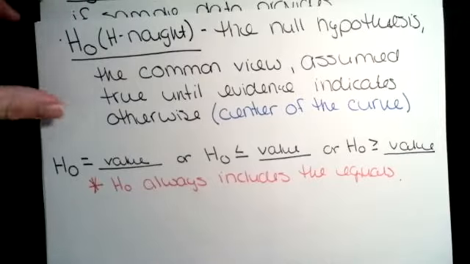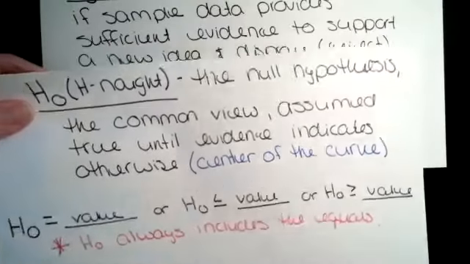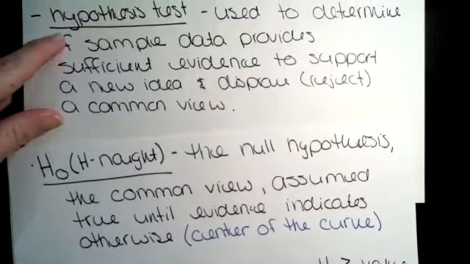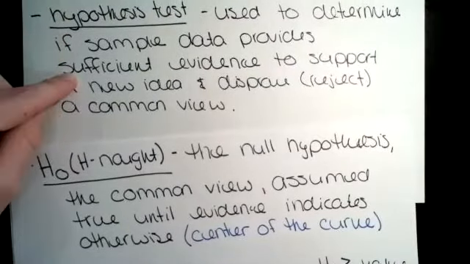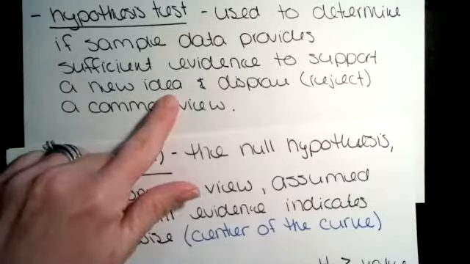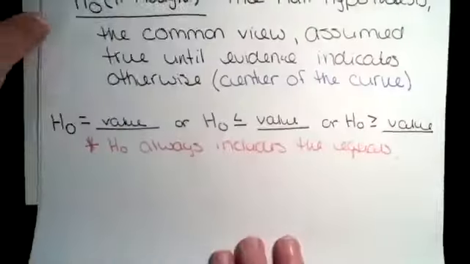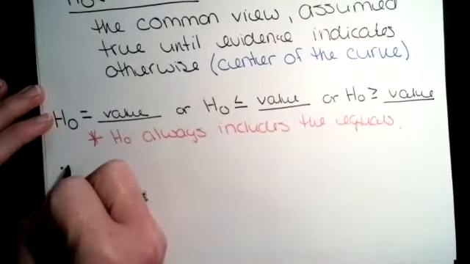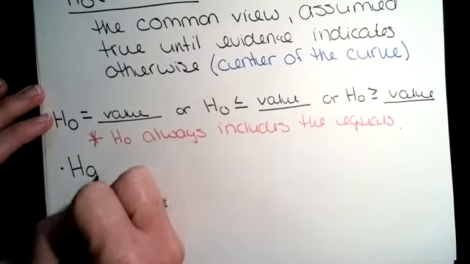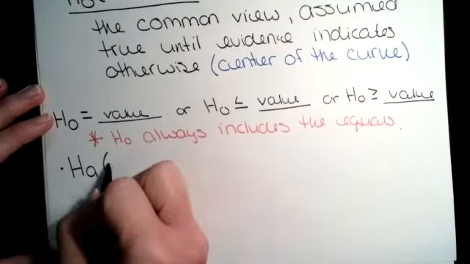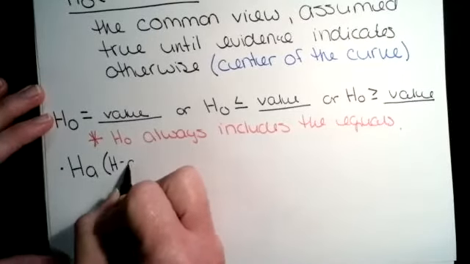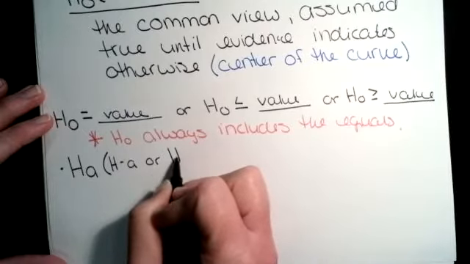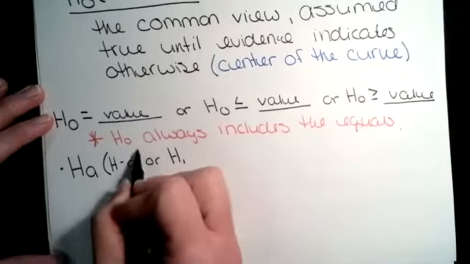Now, the other hypothesis we're looking at is the new idea. So right here, if I look at my hypothesis test, I'm looking for evidence to support a new idea. This is called my alternative hypothesis. And the notation for this one is HA. And we might see it as HA, or you might see H1. Like this.